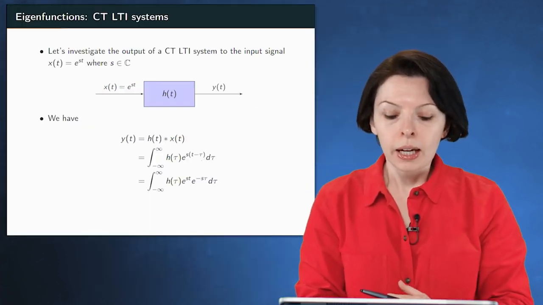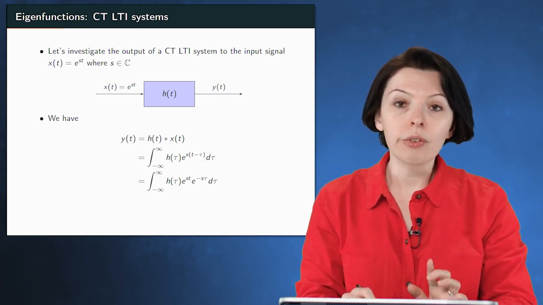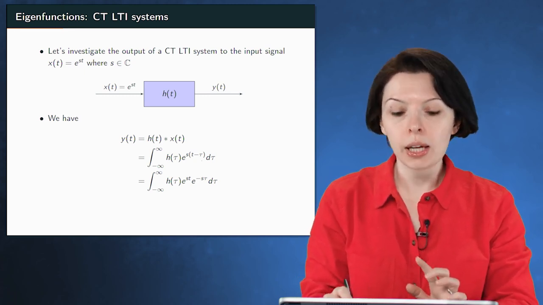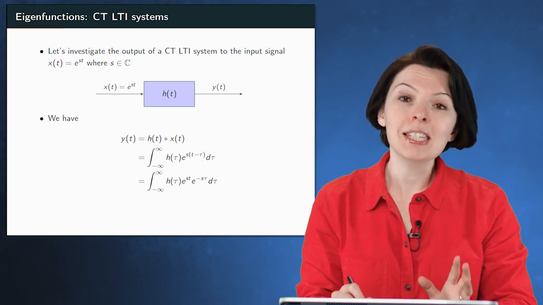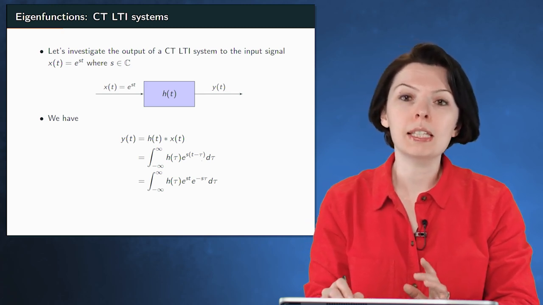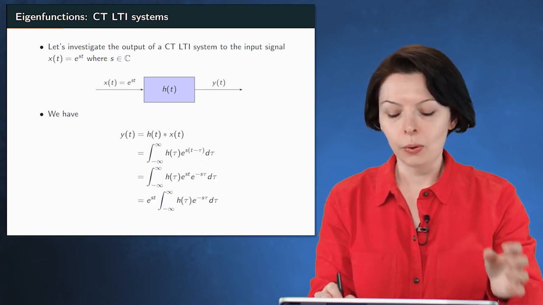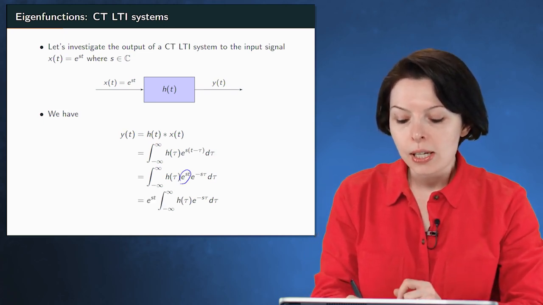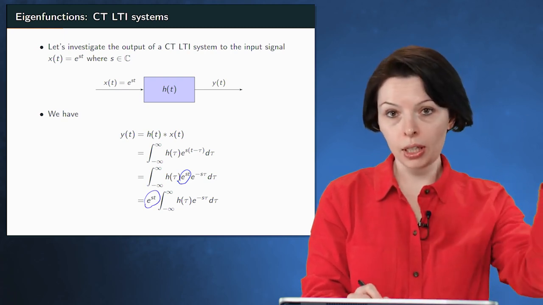Continuing with that, y of t is equal to the integral of h of tau e to the s tau multiplied by e to the st multiplied by e to the negative s tau d tau. Okay, e to the st does not depend on tau, so we can take it out of the integral.